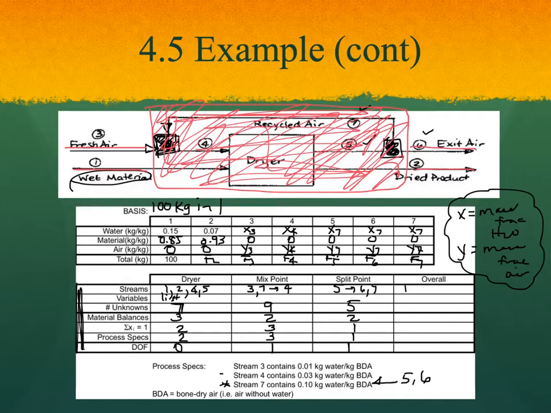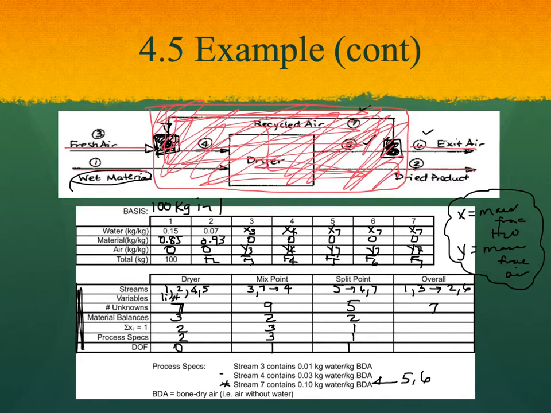So 1 and 3 in, 2 and 6 out. Now if I look at those, 1 has no unknowns, 3 has 3 unknowns, 2 has 1 unknown, so I'm up to 4, and then 6 has 3 unknowns. So I have 7 unknowns.